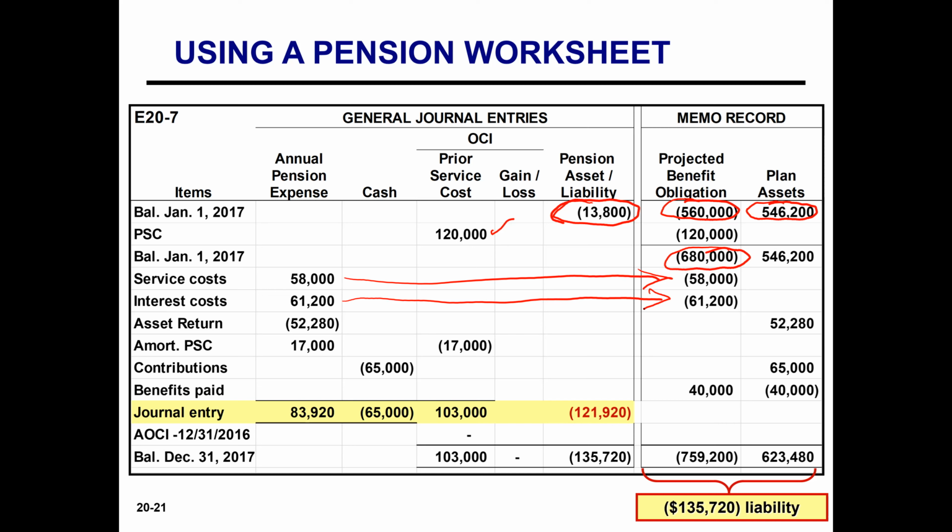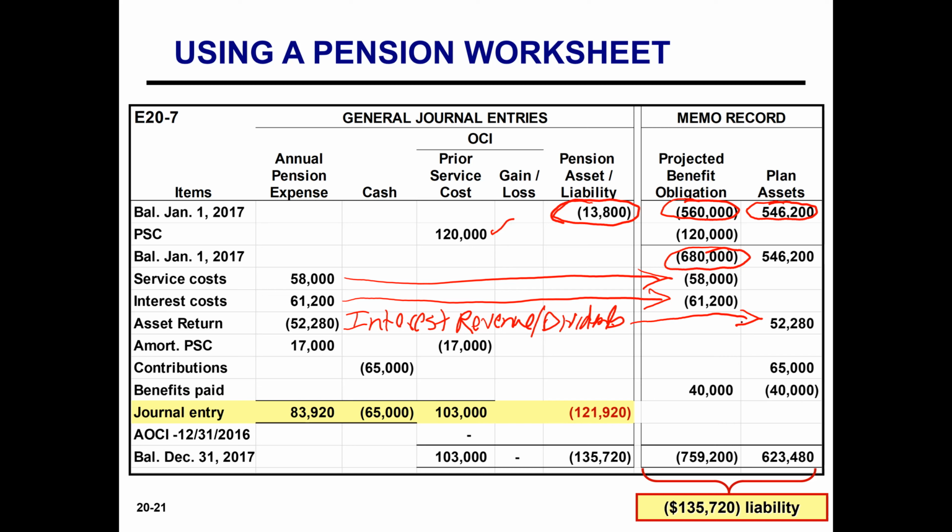The return, remember, is from any interest, revenue, or dividends. Essentially, we're going to have these plan assets invested in something, whether it's mutual funds or whatever. And so this is going to be either interest, revenue, or dividends, which decreases the annual pension expense and increases the plan assets.